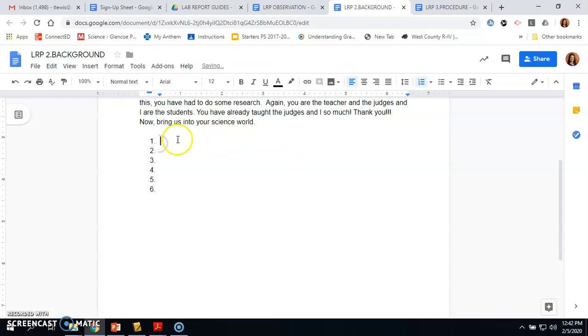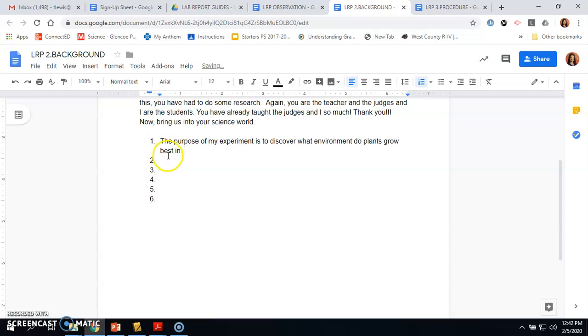So make sure you don't just say plants. If I'm looking at that, I don't know what you mean by plants. You need to write real sentences. A real sentence would be, the purpose of my experiment is to discover what environment plants grow best in.